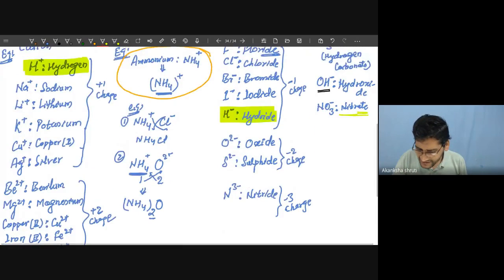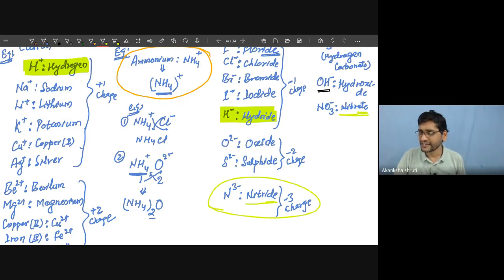But it was nitride, recall this, where only one nitrogen was there. Are we getting this? Nitrate and nitride. If we have to write nitrate, we take NO3 minus as the unit. But nitride is N3 minus.